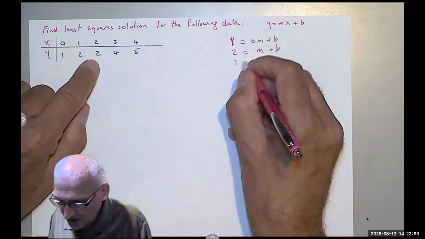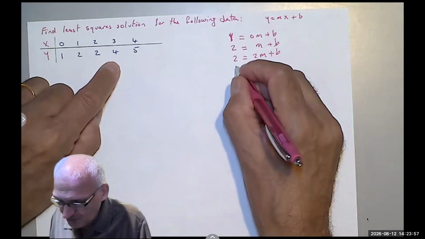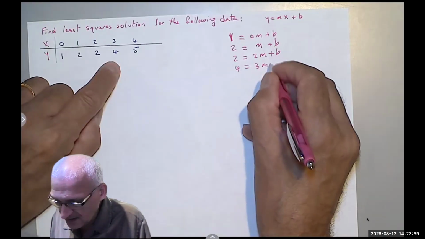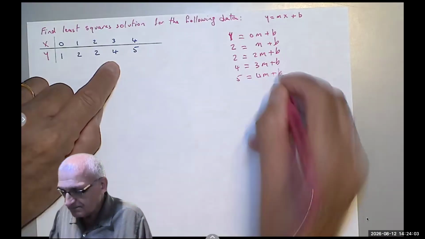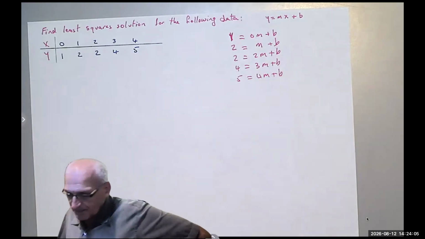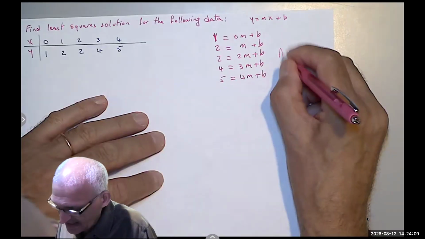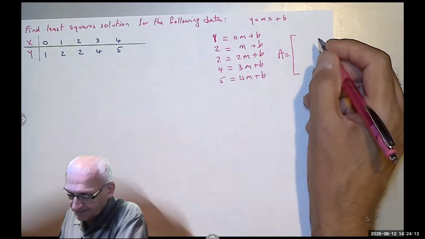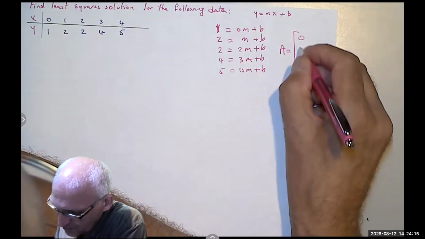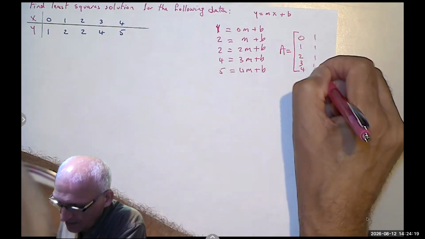And this is 2 equals 2m plus b. And this would be 4 equals 3m plus b. And 5 equals 4m plus b. So if I want M and B in one matrix, the matrix A here would look something like that. 0, 1, 2, 3, 4, 1, 1, 1, 1, 1.